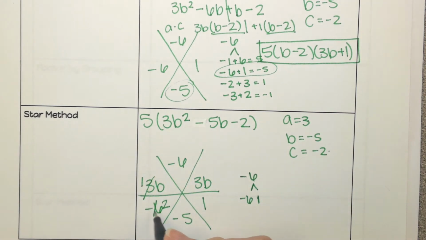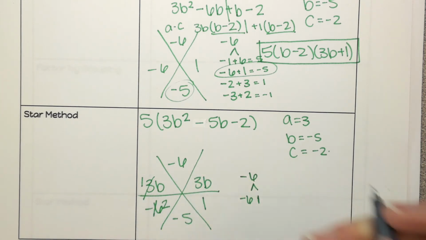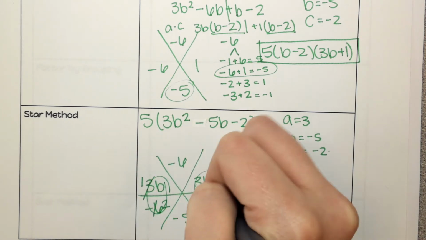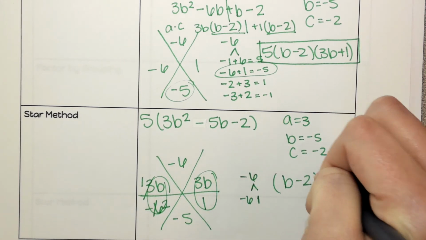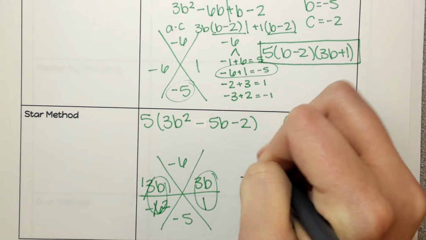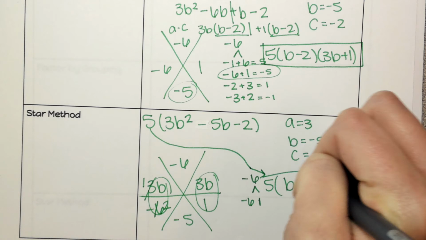Remember, the negative stays in the bottom. And then 3b over 1. If there's already a 1 there, you leave that side alone. Don't mess with it. So we're going to use this to make our two binomials. We have b minus 2 and 3b plus 1. And we bring down our GCF in front.